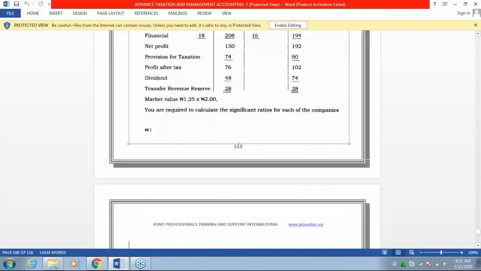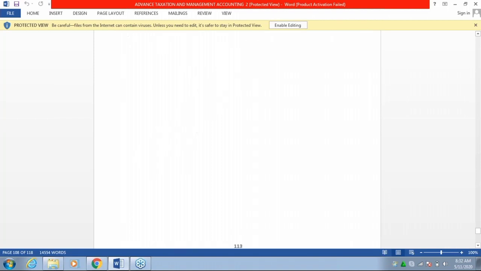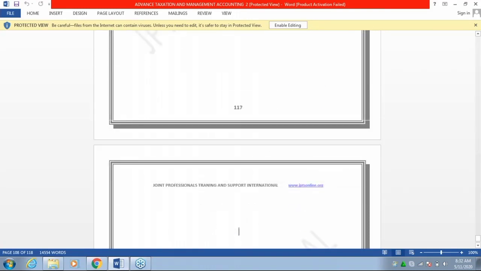Then dividend per share. That is the total dividends to the ordinary shares all over the number of shares. So that is on the management accounting.